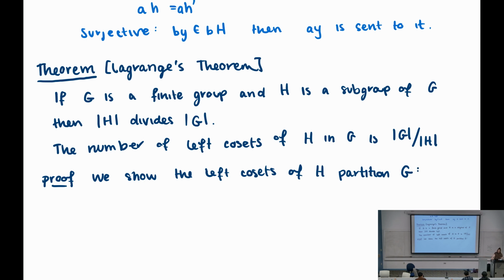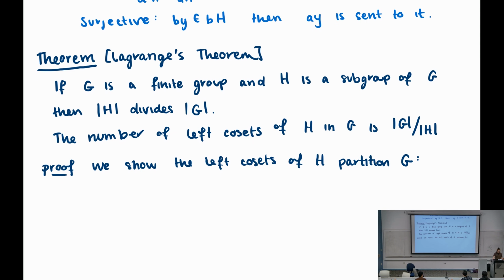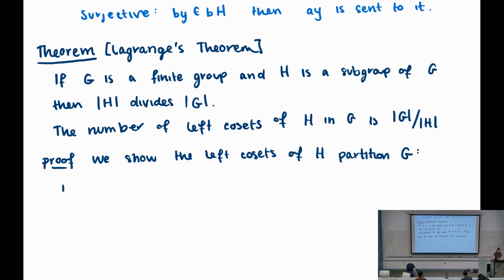So this, we have to think back to just the first couple of days of the semester when we talked about partitions. So we need to show first that the cosets cover G, i.e. that every element of G is in some coset.